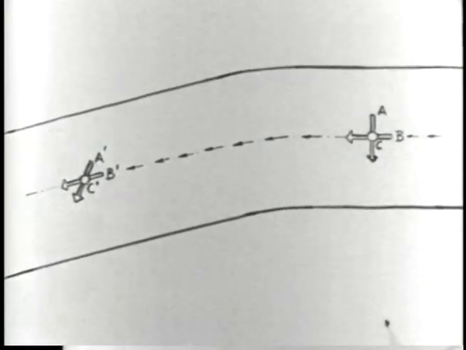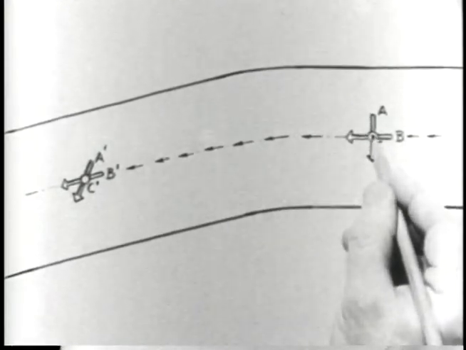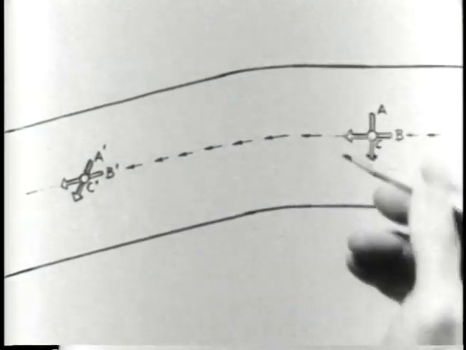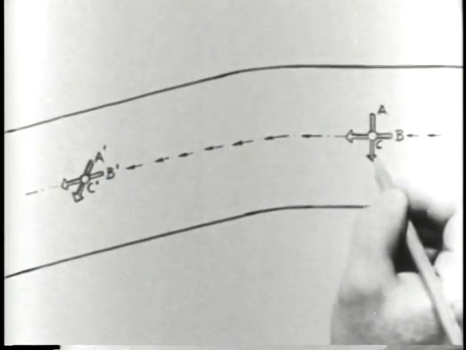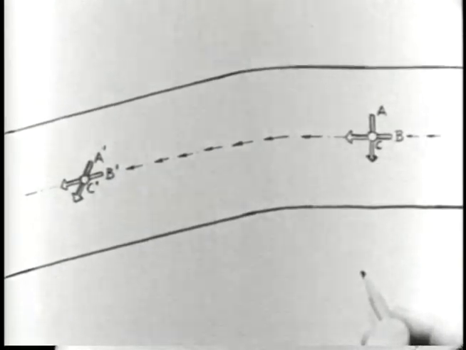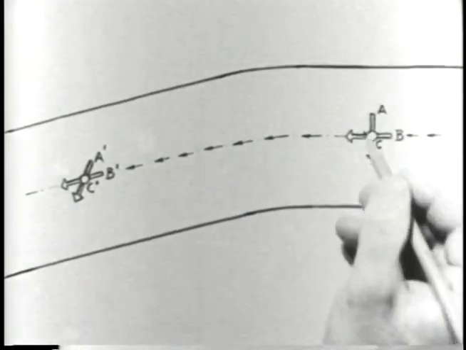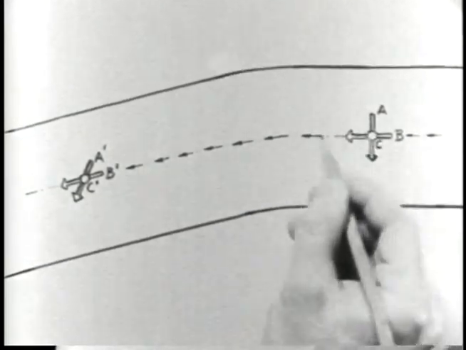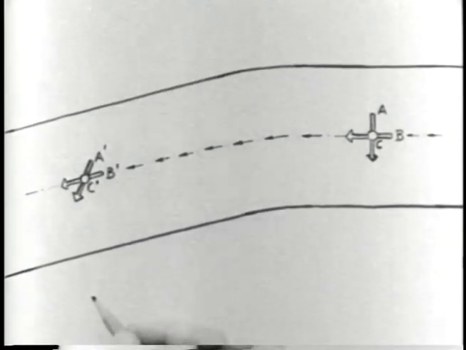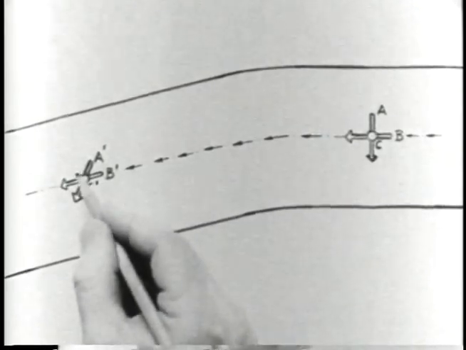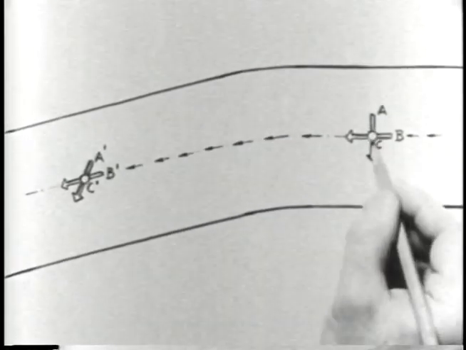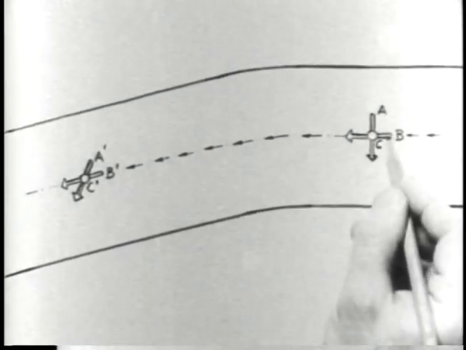Notice, though, that there is no vertical component of vorticity C, nor any streamwise component of vorticity B. There is only a transverse component of vorticity A, associated with the viscous boundary layer on the floor of the channel. Now line C moves along the center streamline to position C prime, so there is no vertical component of vorticity, C prime. The vertical component of vorticity is connected with the turning of the lines A and B.